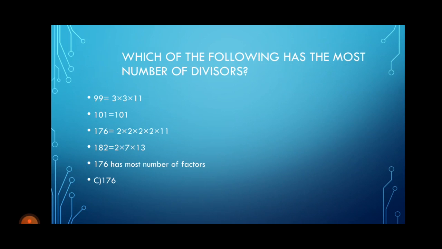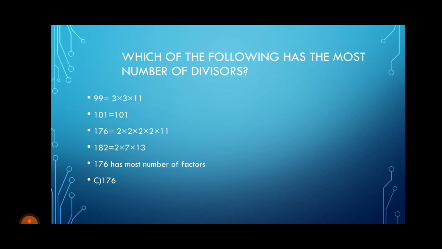First we have to factorize these 4 values. When factorizing 99, we get the factors 3, 3 and 11. For 101, it is 1 and 101 only, with no other factors. When factorizing 176, we get 2 into 2 into 2 into 2 into 11.